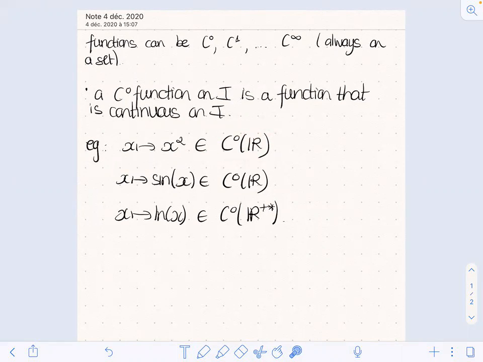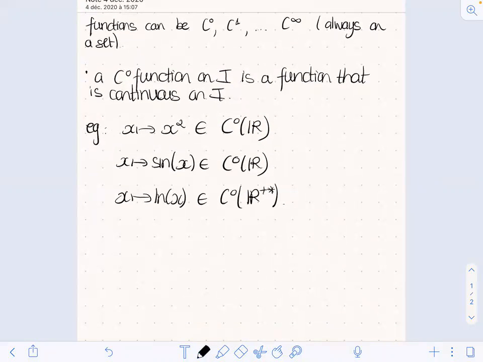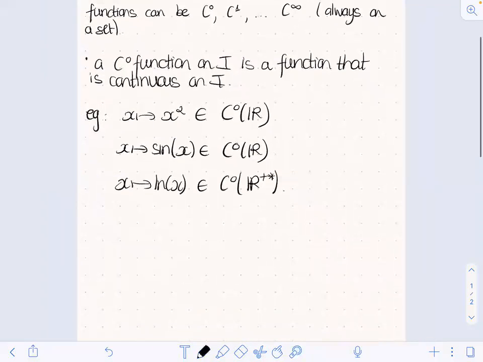We can generalize this to further levels, really called levels of regularity. If we now look at C1, a C1 function on I is a function that satisfies a certain number of properties.